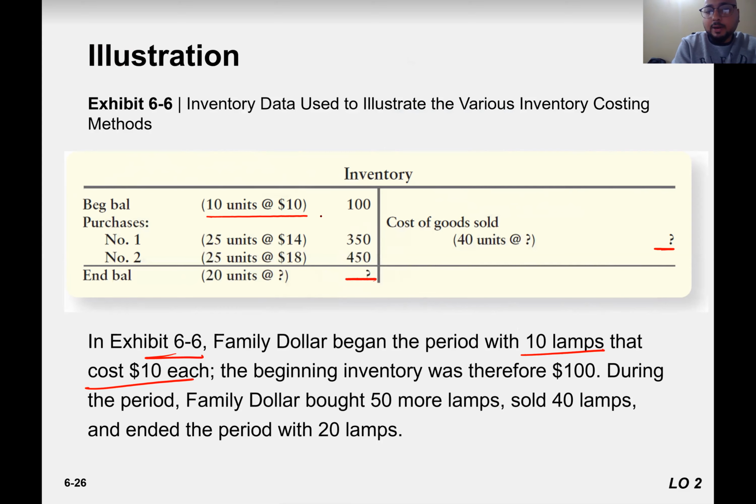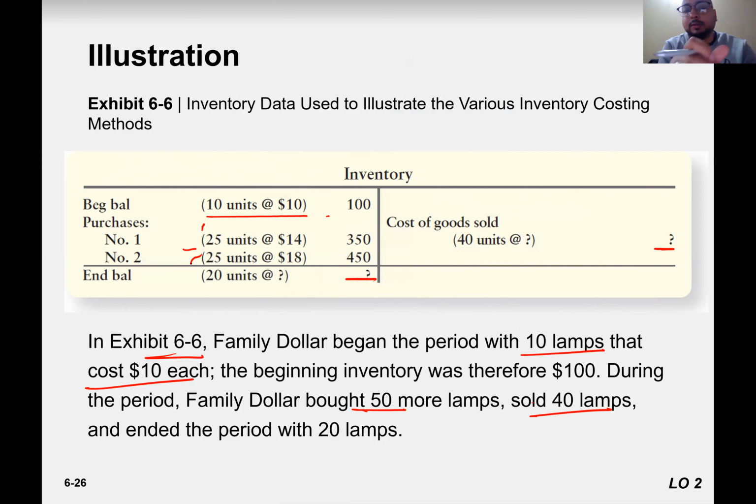So their beginning inventory is 10 units from the previous month or previous year, which they bought at $10 per lamp. But now they ordered 50 lamps and sold 40 lamps. The 50 lamps were ordered in two orders of 25 units each.